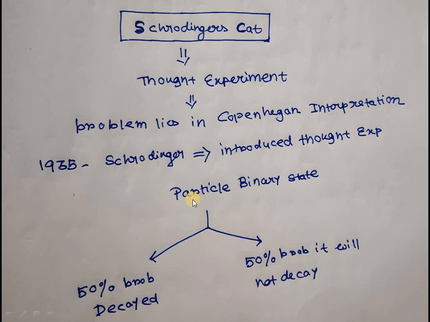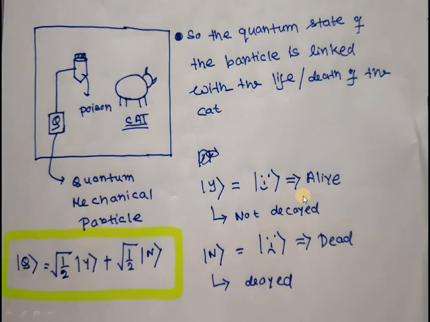That's why this particle is called a binary state. The decaying state is one eigenfunction, and the not decaying state is another eigenfunction, and the state of this particle is a superposition of these two states.